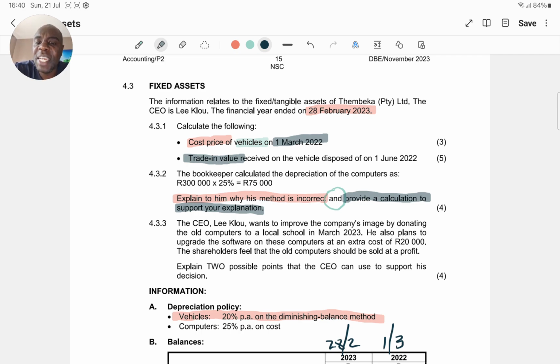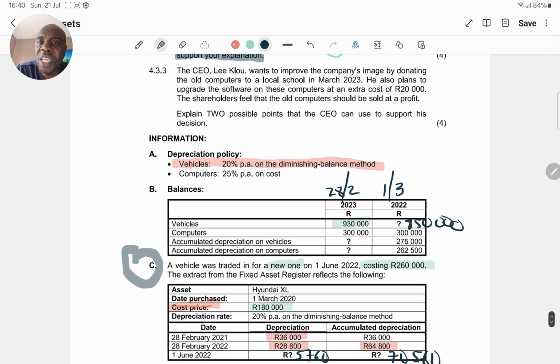So bear in mind that you do everything that the examiner has asked you to do to get all the marks. Now, we are told that the bookkeeper calculated depreciation as 75,000, 300,000 times 25%. But from the look of things, it looks like he has done the correct thing because we are calculating depreciation using the straight line method according to additional information A.